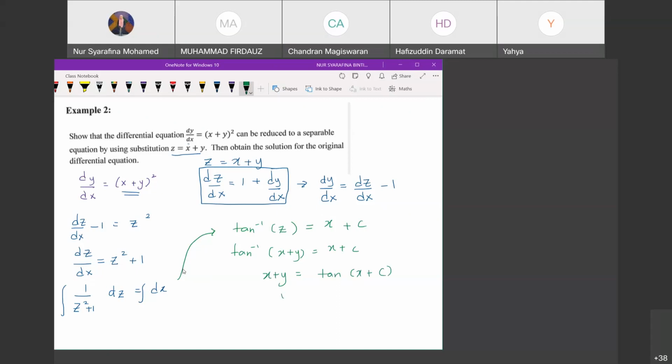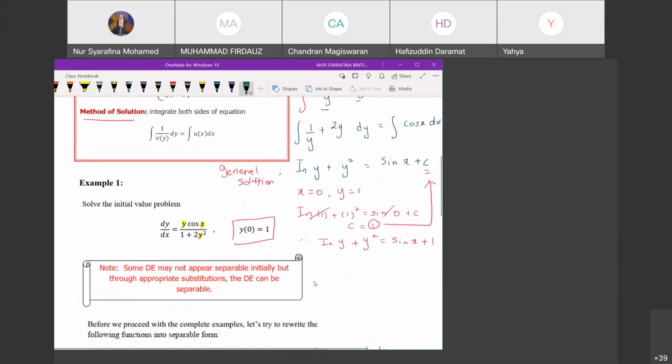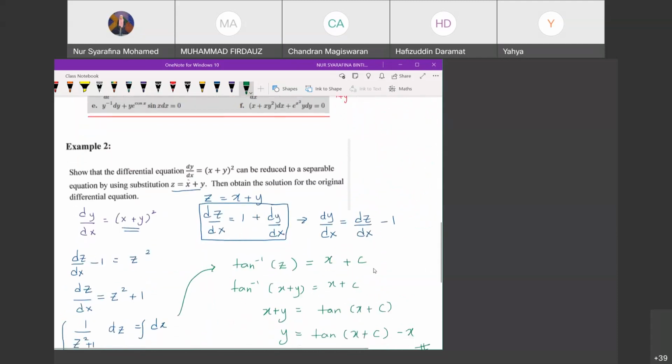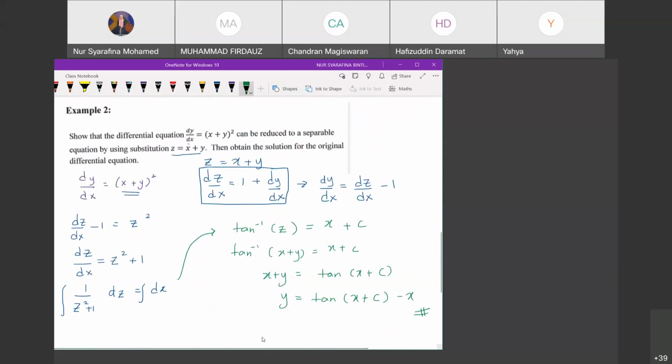If you want to simplify up until y, we can write y equals tangent of (x plus c) minus x. If it is doable to simplify up until y, then you can simplify. But from the previous example, it was quite complicated with y ln y plus y squared, so just leave it there, as long as we have y something equals x something. Any question for this example?